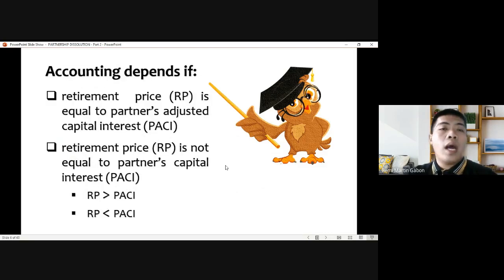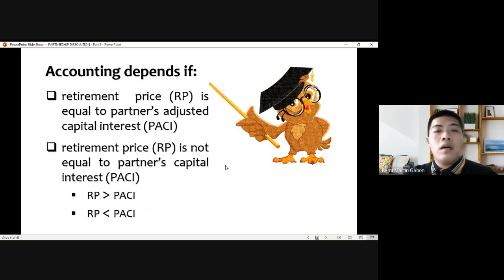Okay? So the accounting depends if the retirement price, or RP, let's have it RP, is equal to the retiring partner's adjusted capital interest, or PASI. Okay, we have it PASI.